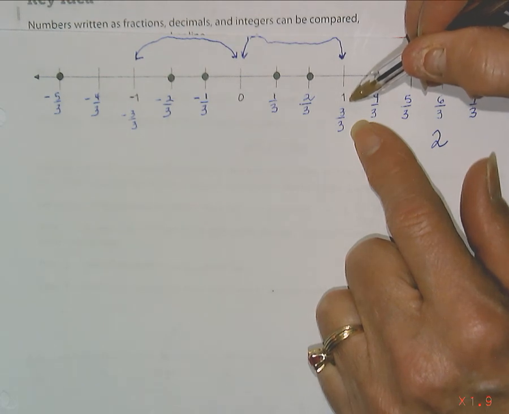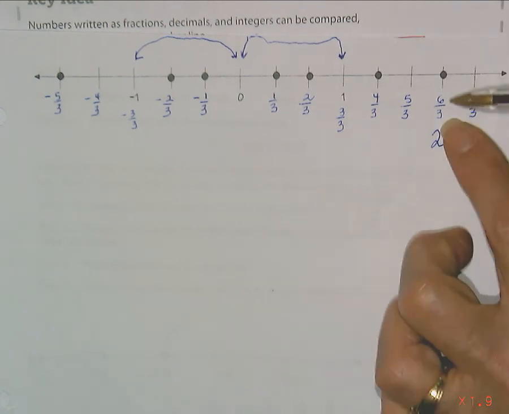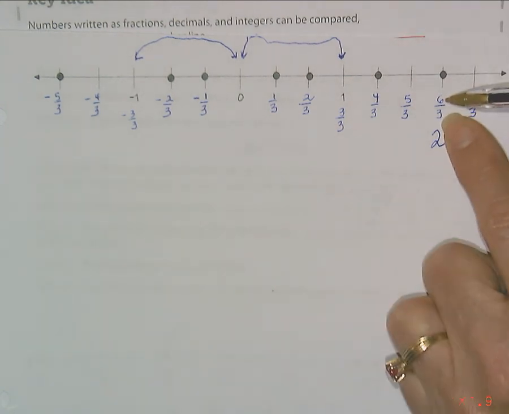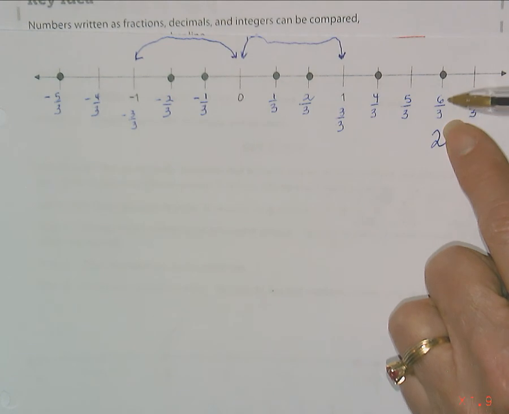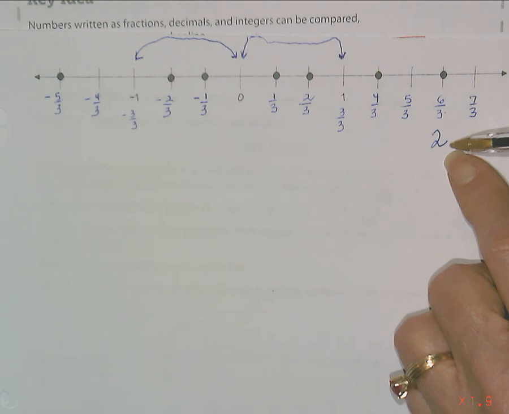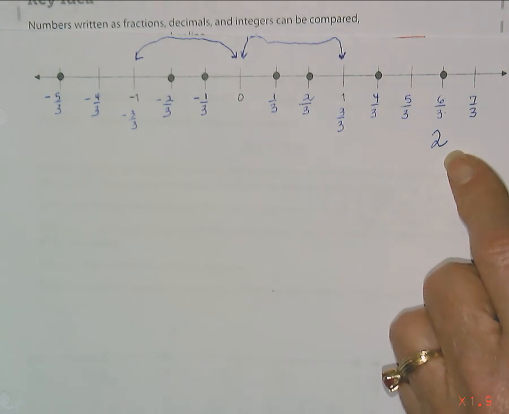Do you have one more candy bar? How many candy bars would that be altogether? That would be 2 whole candy bars, but you have 6 sections, right? It's divided up into thirds. You have 6 of those sections, so altogether you have 2 candy bars. I know fractions feel kind of weird. You're going to get more and more comfortable with them, but 6 out of 3 is actually 2 whole candy bars or 2 whole somethings.